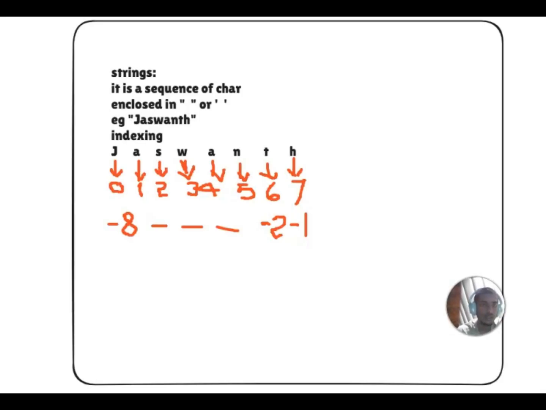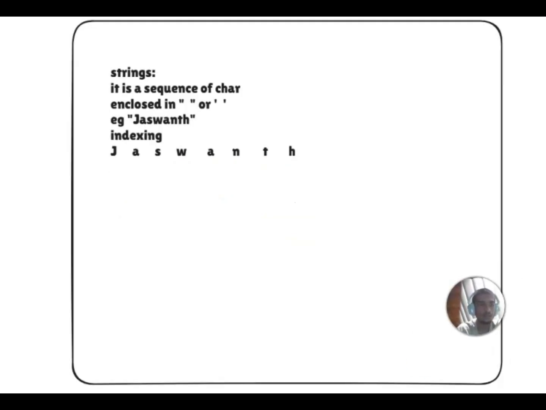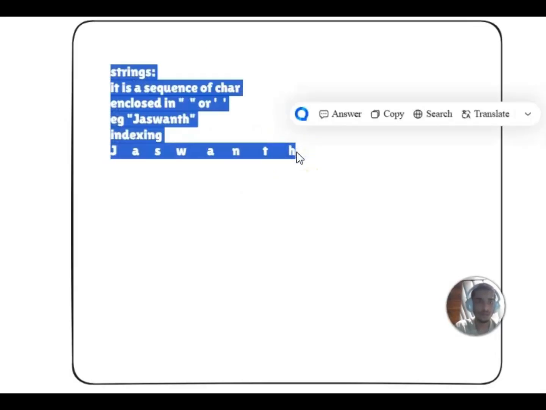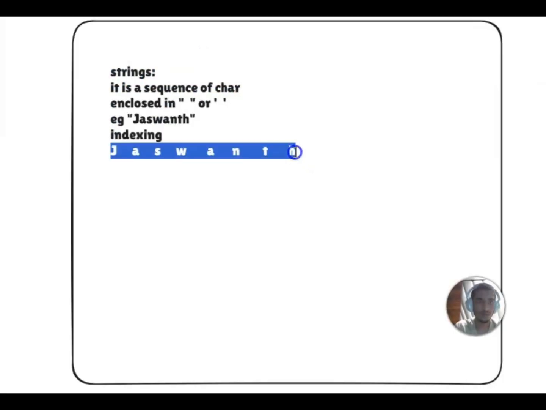Now with this, you can print a specific character, or you can also print from a range that you want. If you want from index 1 to index 6, you can. Let's write an example.